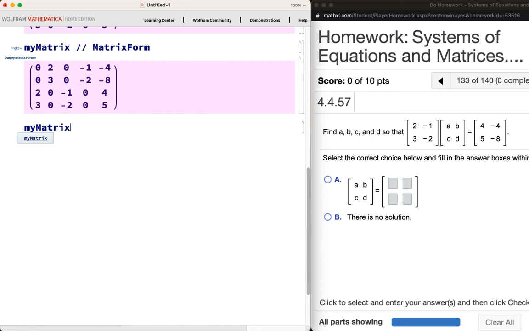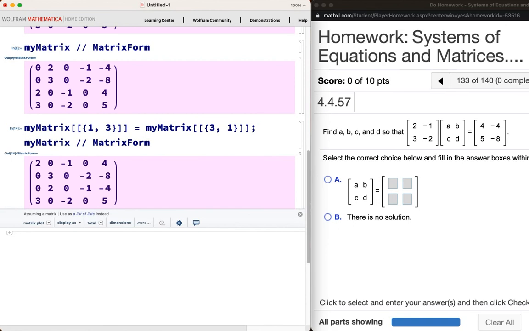My matrix, first and third is equal to my matrix third and first. My matrix form. Okay. So now I can see that I switched the first and third rows of the matrix. I almost had the right syntax, but I forgot the list braces right over here.